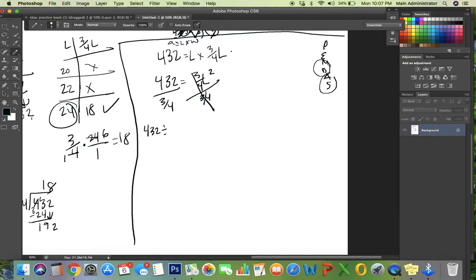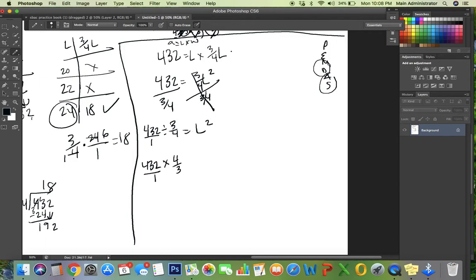432 divided by 3/4 is going to equal, now all I have left is L squared. I know that whenever I divide or multiply fractions, I have to have a numerator and a denominator over numerator and denominator. I also know that when I divide fractions, I actually multiply by the reciprocal. Keep, change, flip.